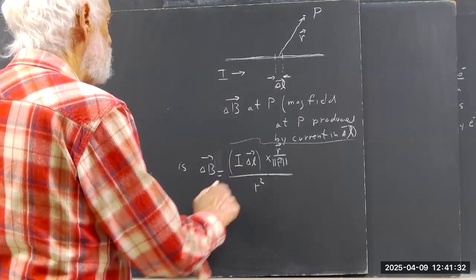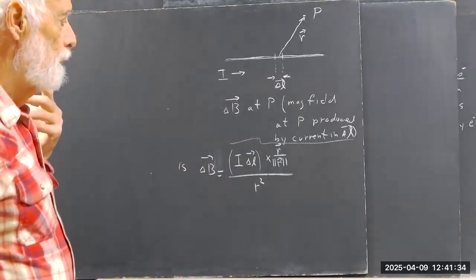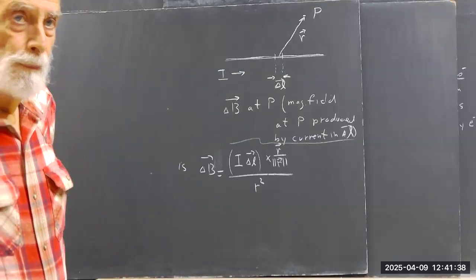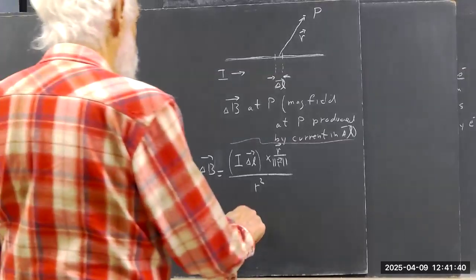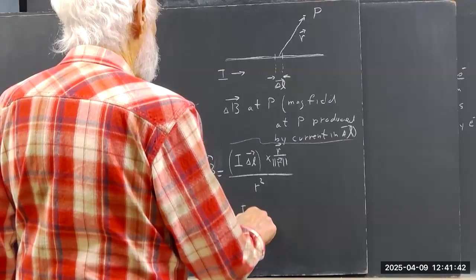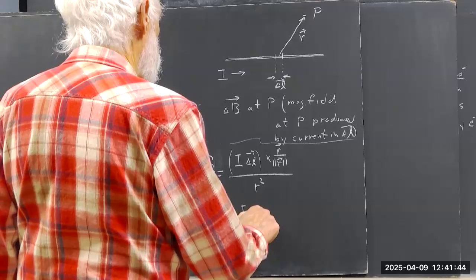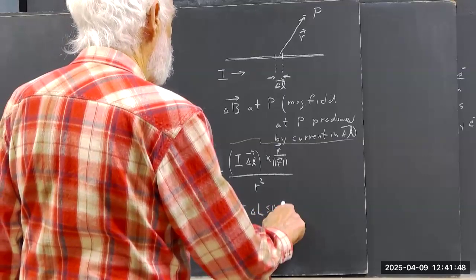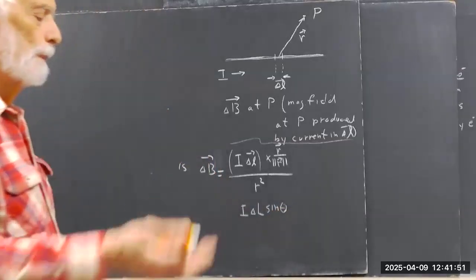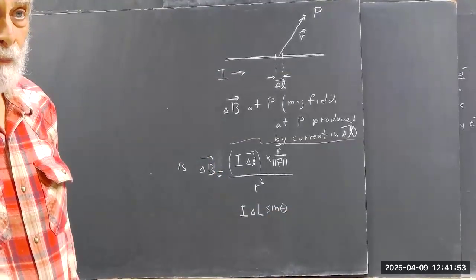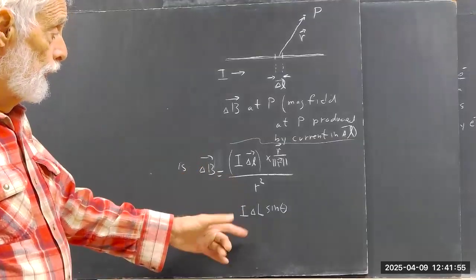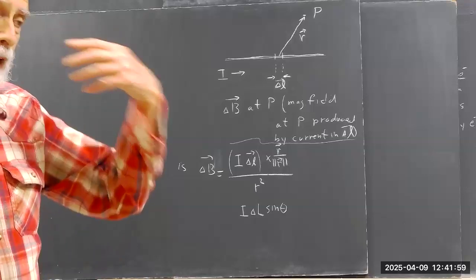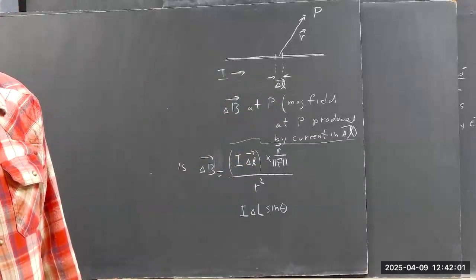In the transition problems, I told you that it was something like I delta L sine theta with the direction by the right-hand rule, stuff like that. I'm not sure how much I told you there, but I didn't use a cross product because those problems were written for non-calculus physics.